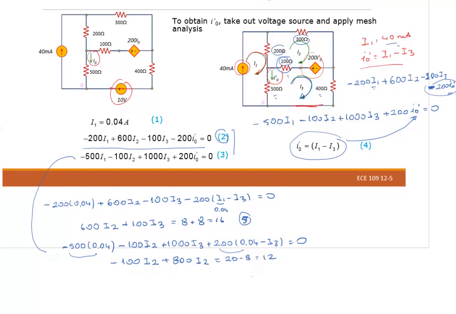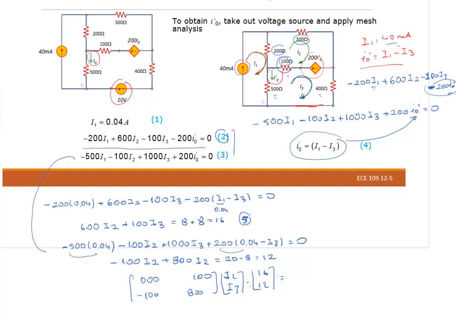I can write the equation one more time this way: 600, negative 100, negative 100, 800, matrix I2 I3 will be equal to 16 and negative 12. So we need to solve this one. I'm going to use MATLAB to find the values.